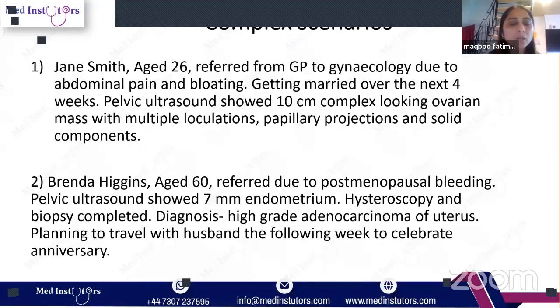And I'm afraid if it turns out to be cancer, Jane, then you might need a surgery that we call a staging laparotomy, and it will be done through the tummy. We will make an up-and-down incision, and then we will look into the matter.